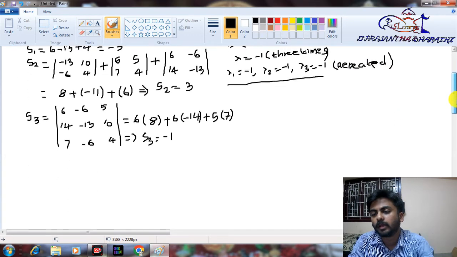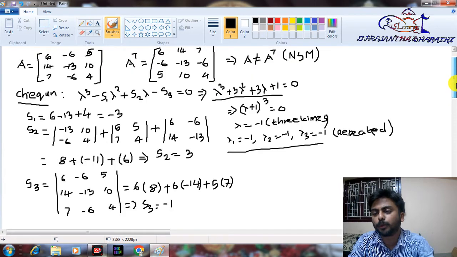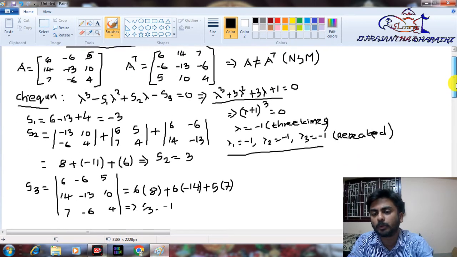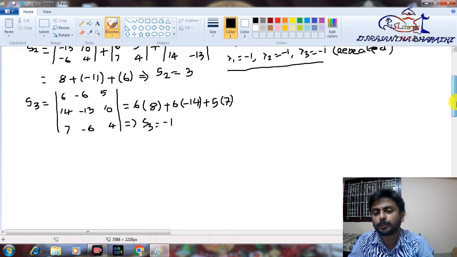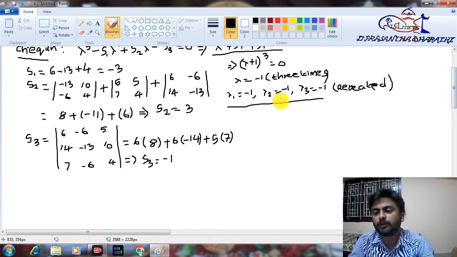Okay, so now we have to substitute this lambda value. This is our eigenvalue. Corresponding to the eigenvalue, we will have eigenvectors.